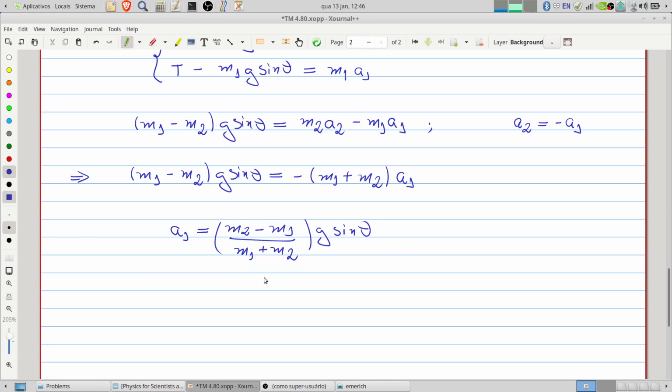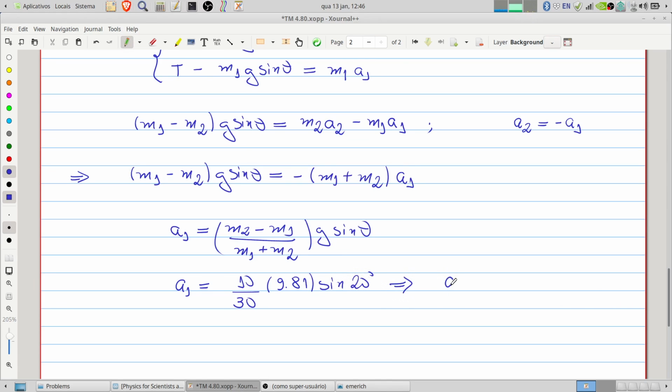And this is the acceleration a1. Using our numerical values, 20 kilograms minus 10, so we have 10 kilograms, divided by the sum, 20 plus 10, 30 kilograms, multiplied by 9.81, multiplied by sine of 20 degrees.